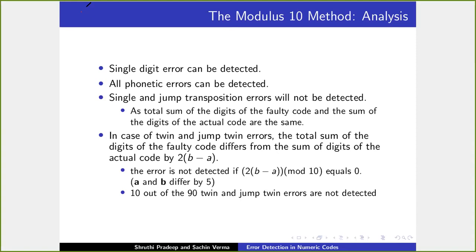Then Sachin is claiming that it is possible to detect one error in this. If at some place one error happened, then it is possible to detect it. How do you detect it? That is the question. Sachin, you can carry on now, continue that particular thing. You explain that particular single digit error, how can it be done?